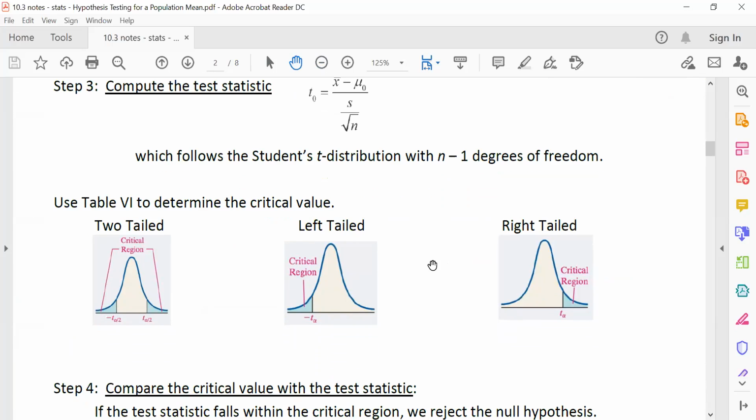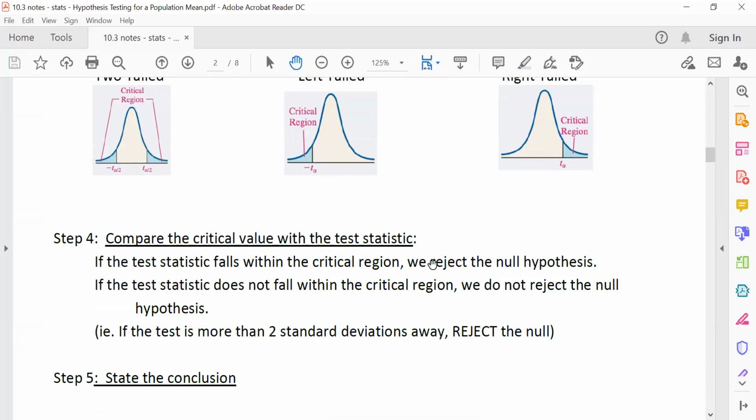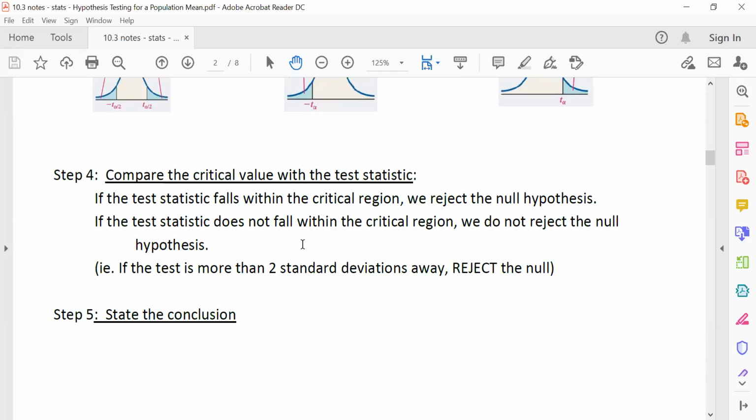And then we need to use the t-table to figure out the critical region of interest. If the test statistic falls in the critical region, we reject the null hypothesis. If the test statistic does not fall in the critical region, we do not reject the null hypothesis.